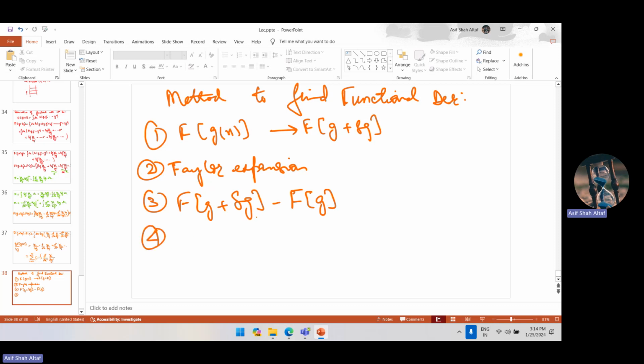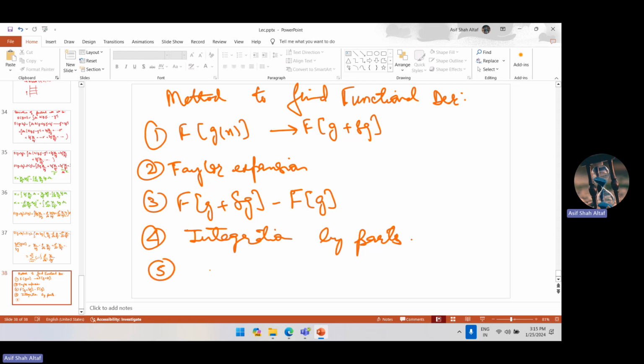Fourth is to bring the form from step 3, or I should say maybe use some integration by parts if necessary. Let's say the fourth step is integration by parts to reduce the higher order derivatives, if necessary.